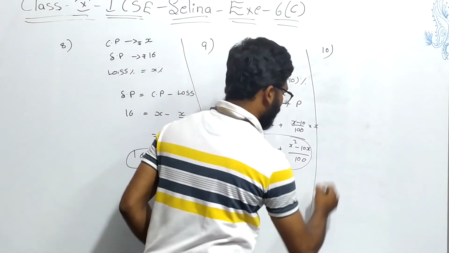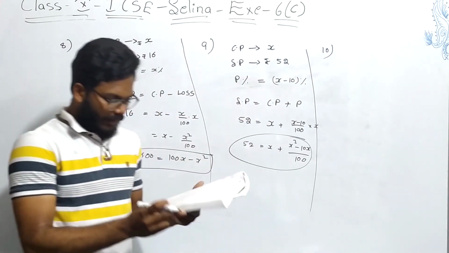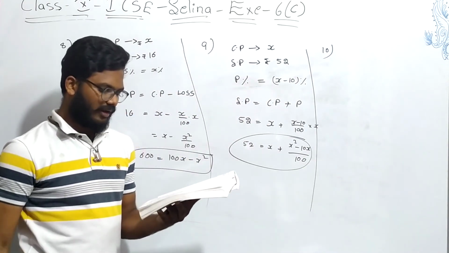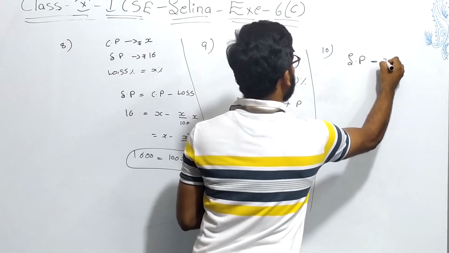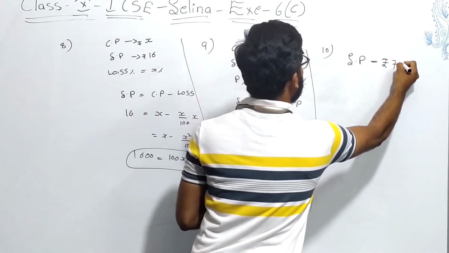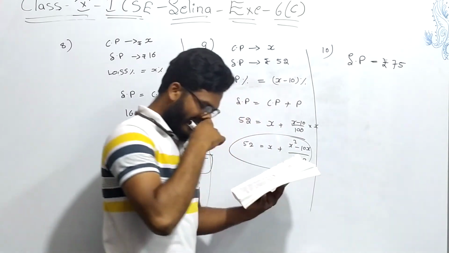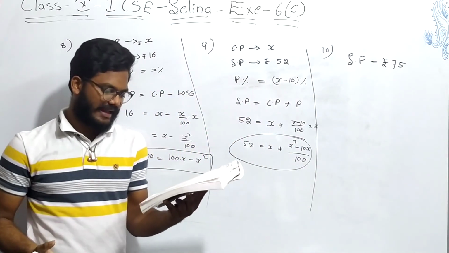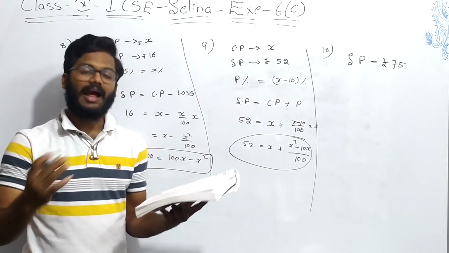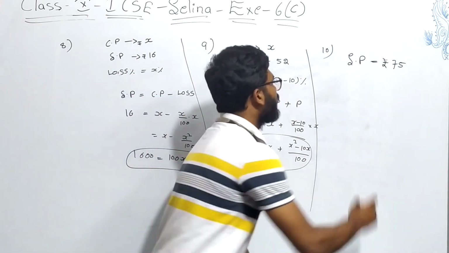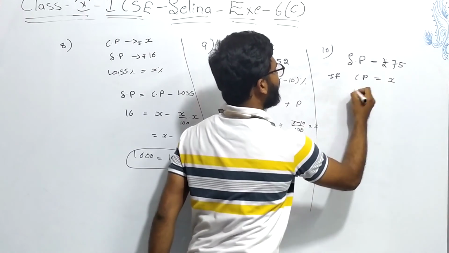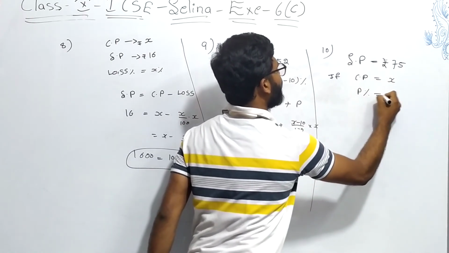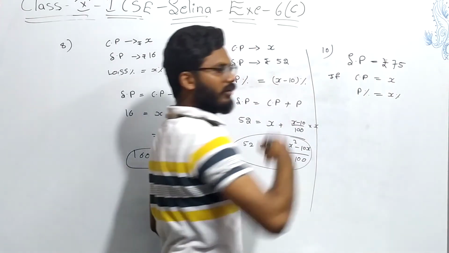Next, in the same way, the last 10th one: by selling a chair for 75 rupees. So here they gave SP is equal to rupees 75 and what is the condition they are giving? Mohan gained as much percent as its cost. So if the cost price is x, profit percent will also be equal to that, right?